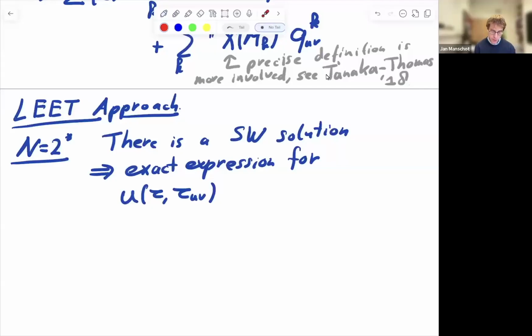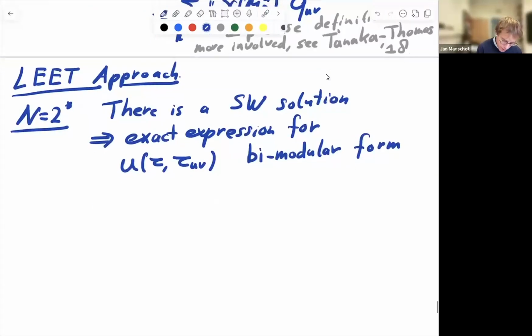So as I said, we have an effective coupling constant tau, the low energy effective coupling constant, and we have a UV coupling constant we introduced from the outset. It's intriguing that this is now an example of a bimodular form because it transforms under modular transformations under both these parameters. And we have that if we let tau go to tau_UV, then u diverges.